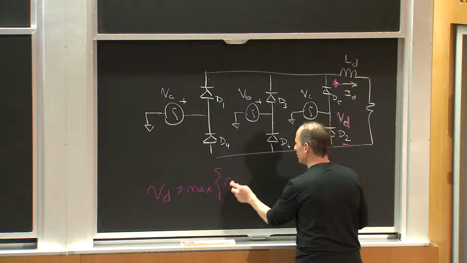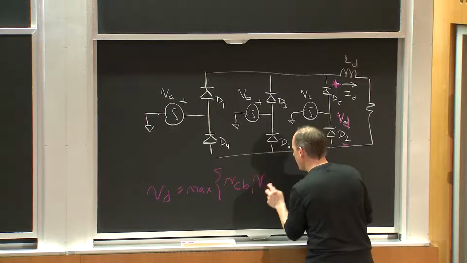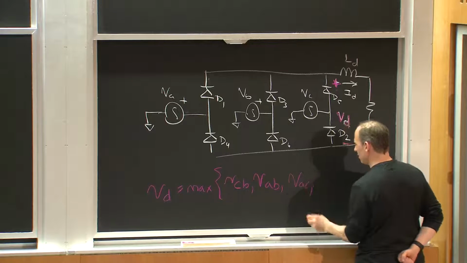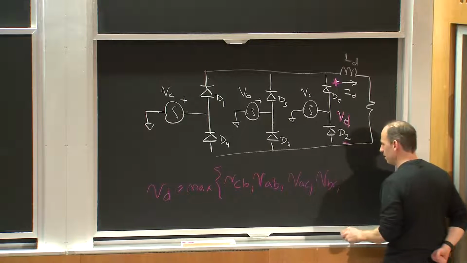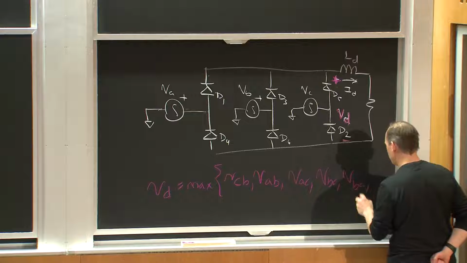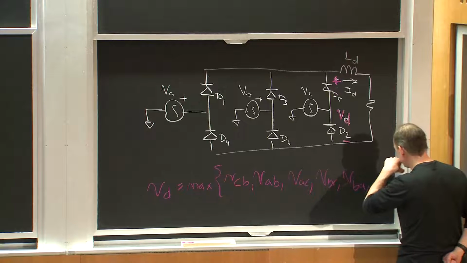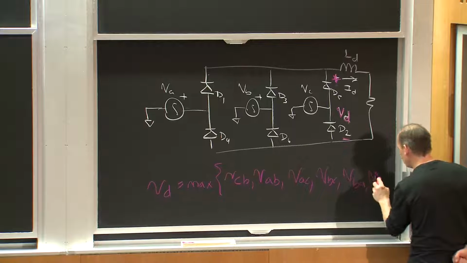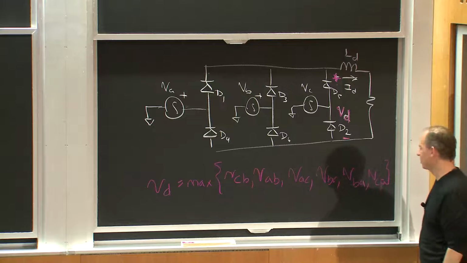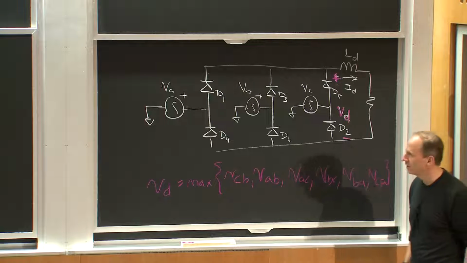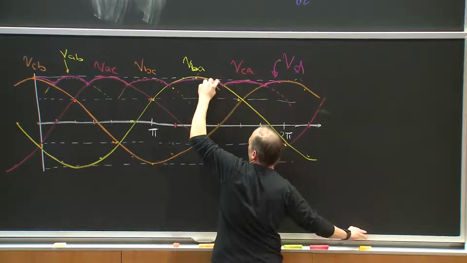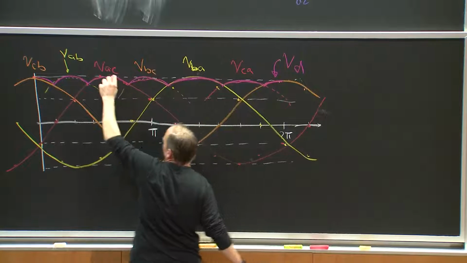So VCB, VAB, VAC, VBC, VBA, and VCA. That's all the line-to-lines and their negatives, okay? And that's what I'm getting right here.